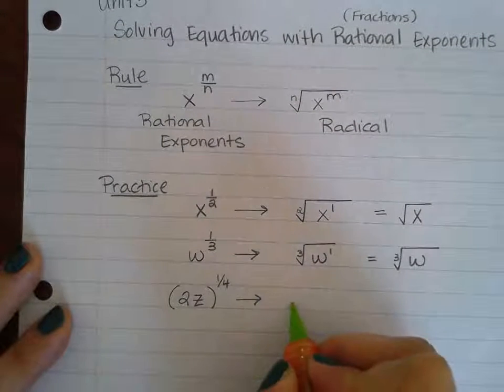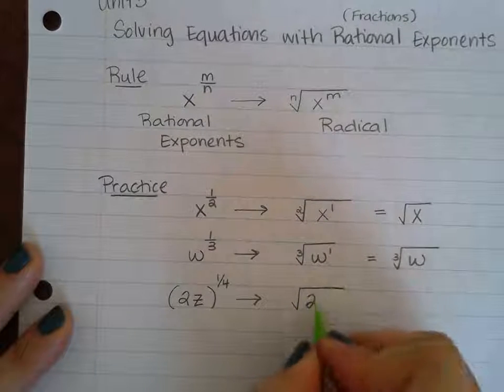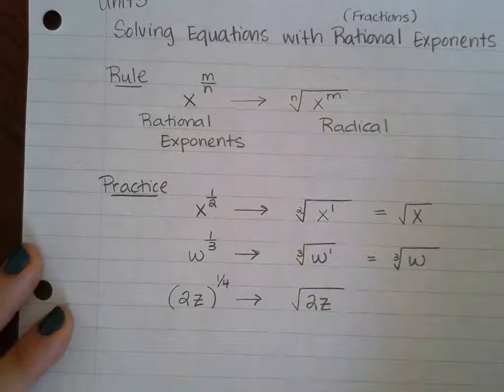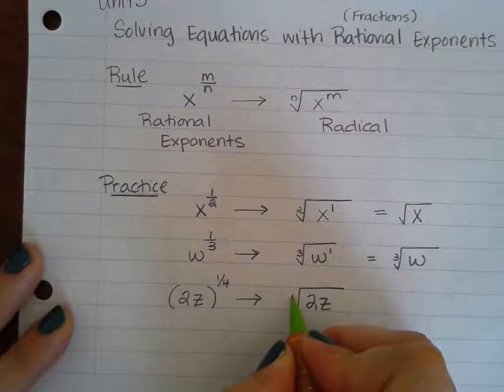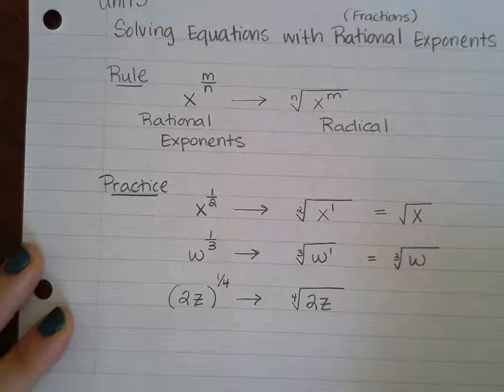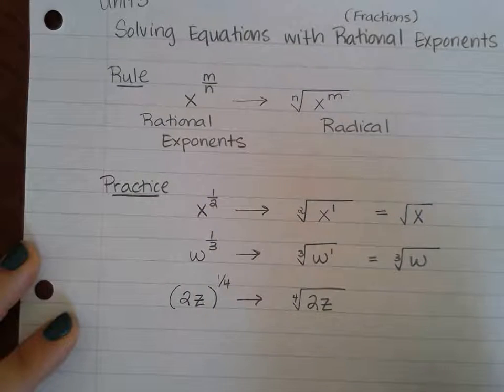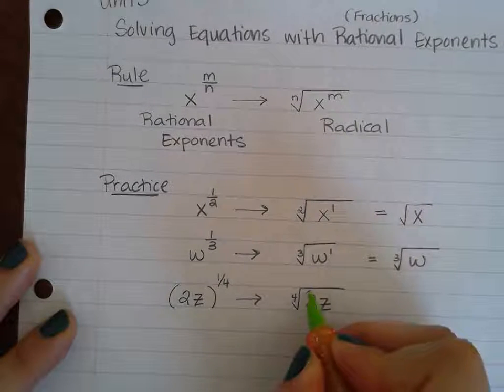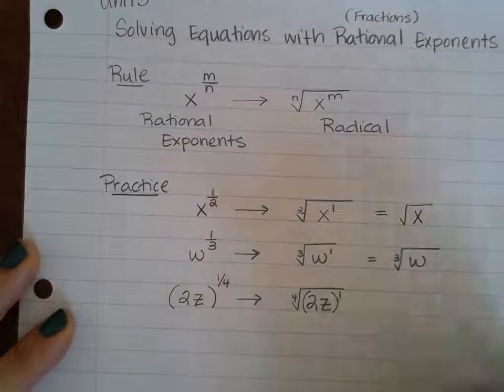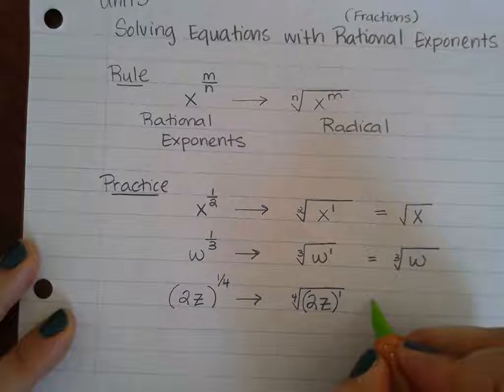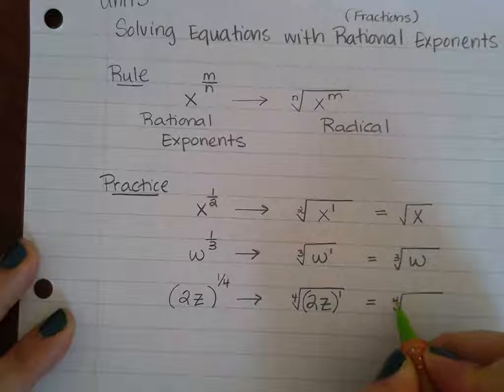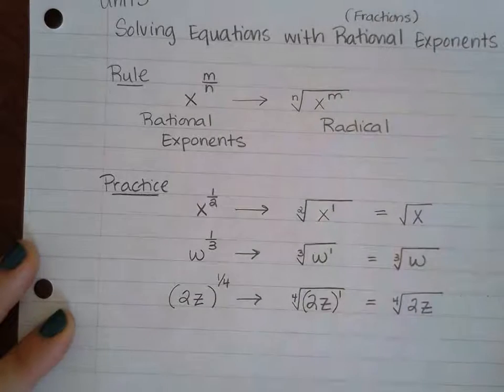Same idea. You're going to make the radical. You're going to put the 2z underneath the radical. This 4 goes as the index. In class we say it goes in the check mark, but it is the index. And then if you want to keep parentheses, raise that to the first power. So this would be the 4th root of 2z.